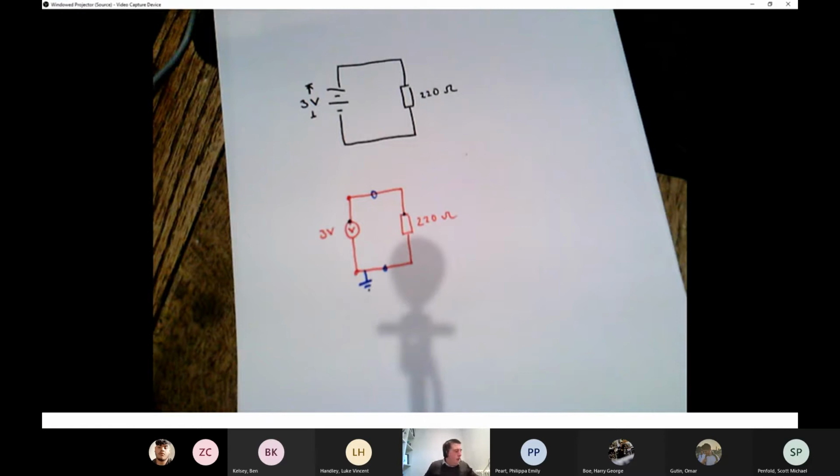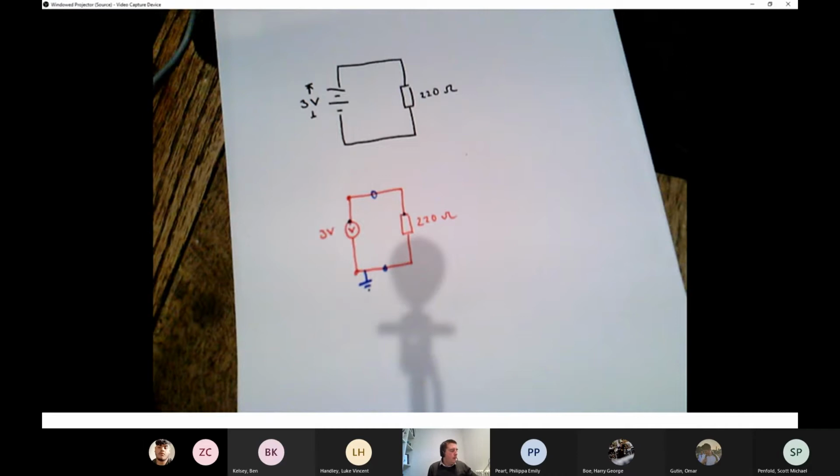So the important thing I've just added is an earth symbol at the bottom of the circuit. You can always define one node in your circuit as being at 0 volts. And so this is the symbol for earth, which is another way of talking about 0 volts.